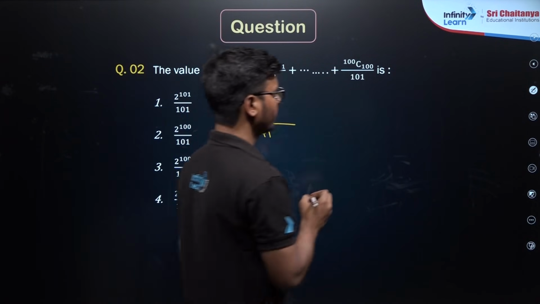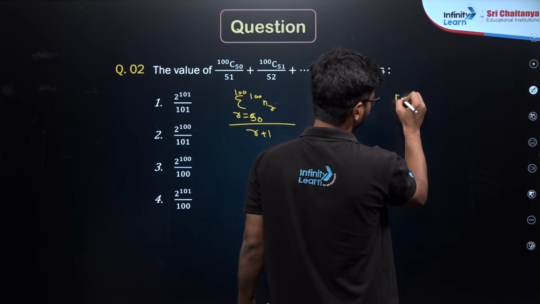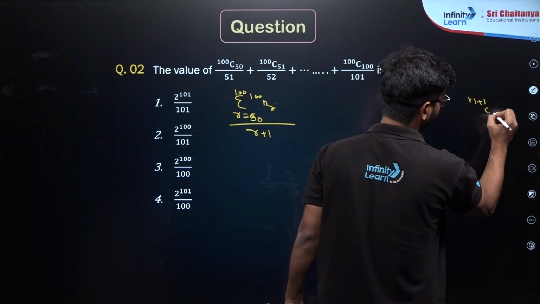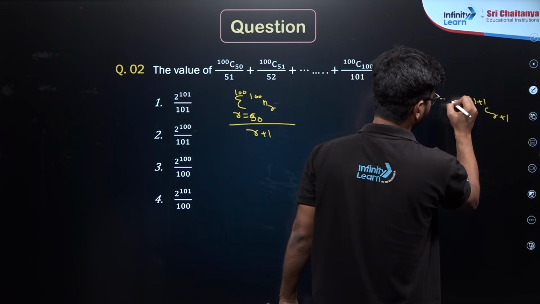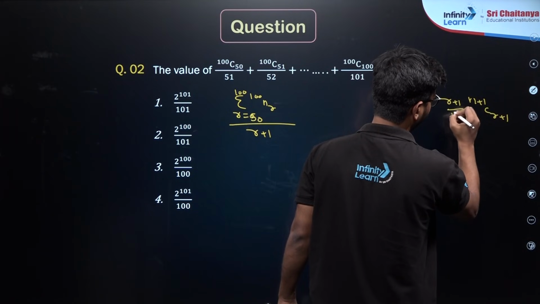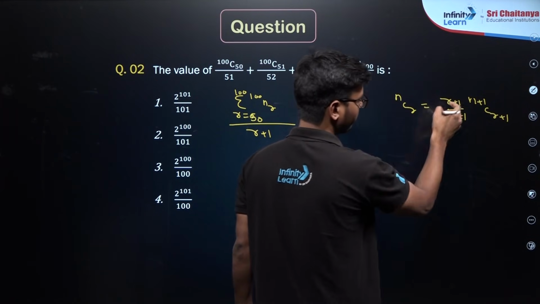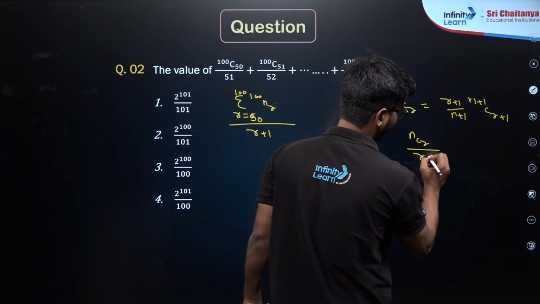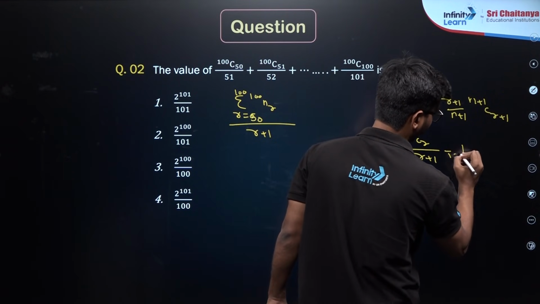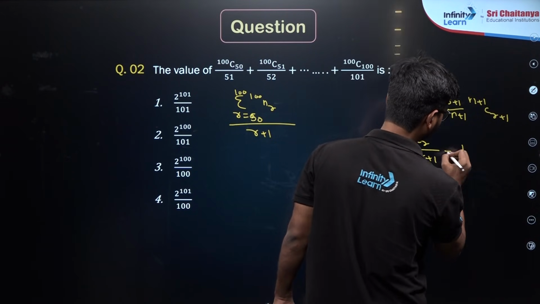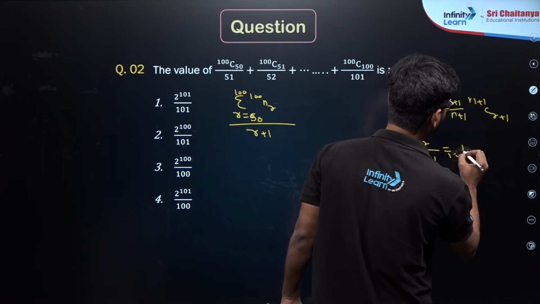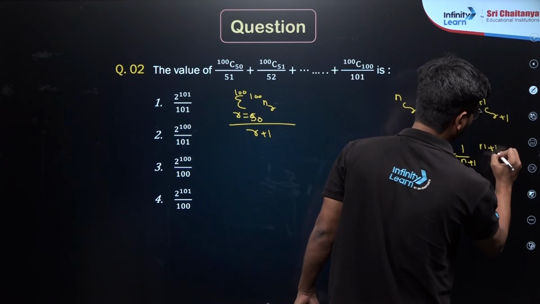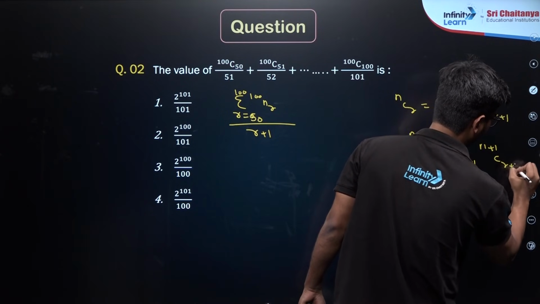Now, if you observe, we have a property: NCR, I can write this as N plus 1 CR plus 1, and here R plus 1 upon N plus 1. Correct? So simplifying this property, I can write NCR upon R plus 1 as 1 upon N plus 1 C R plus 1.